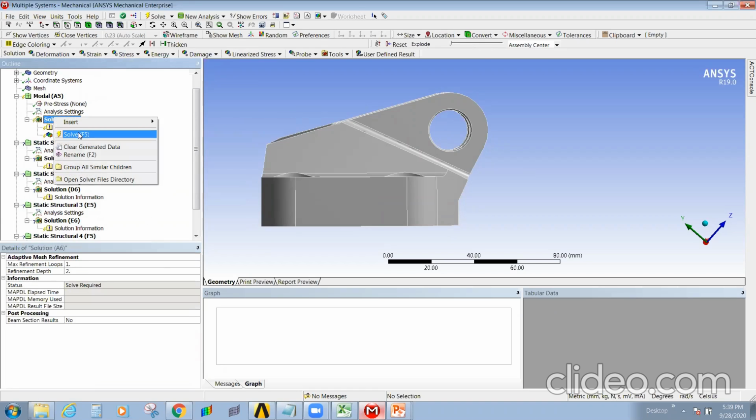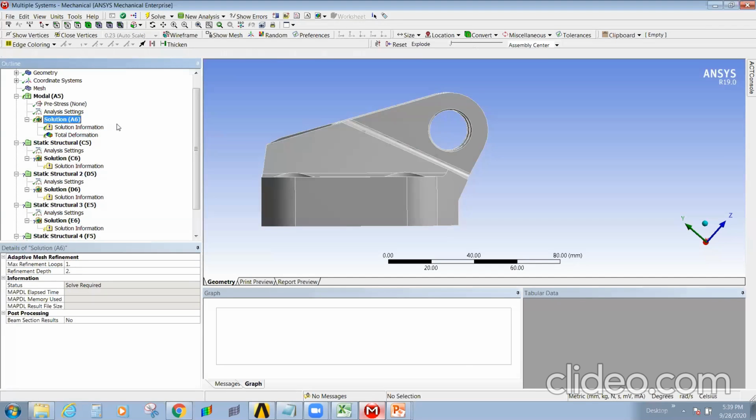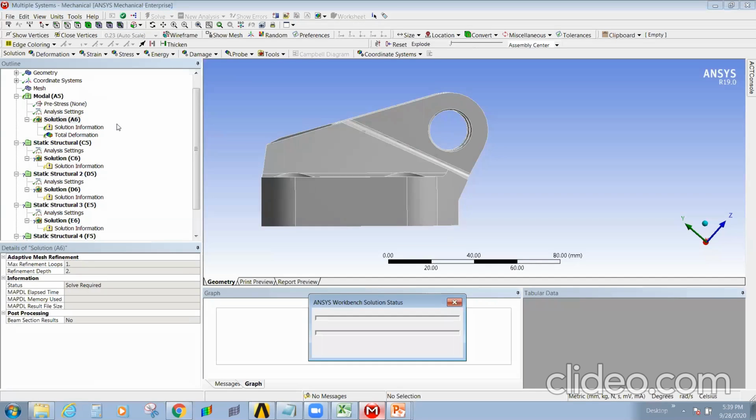That will be your free run, your free modal analysis. Then apply a boundary condition for the same modal analysis. That becomes your fixed modal analysis.